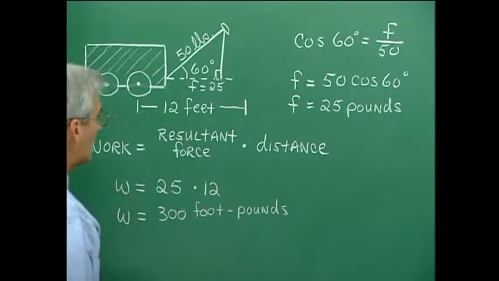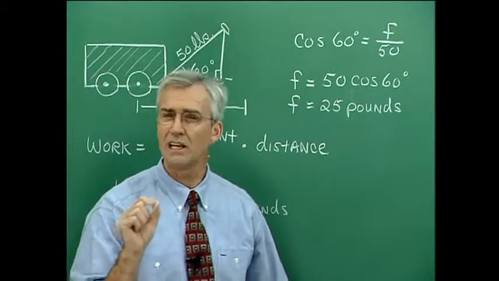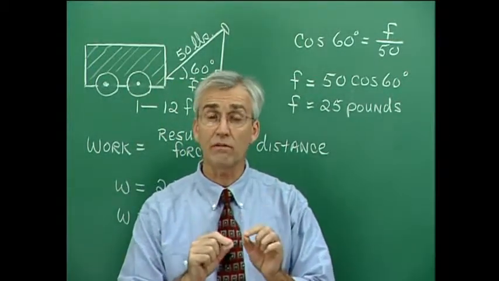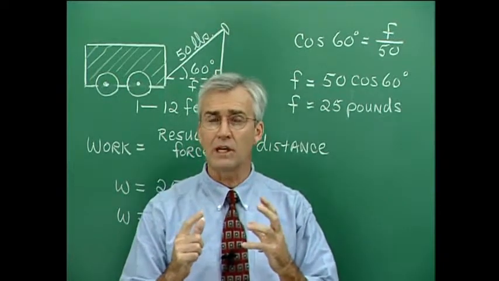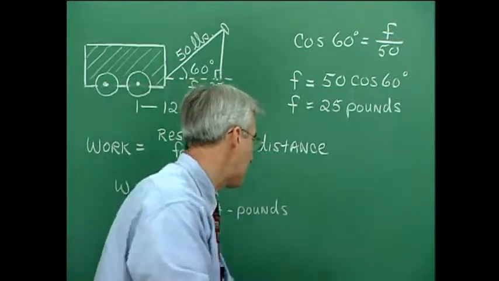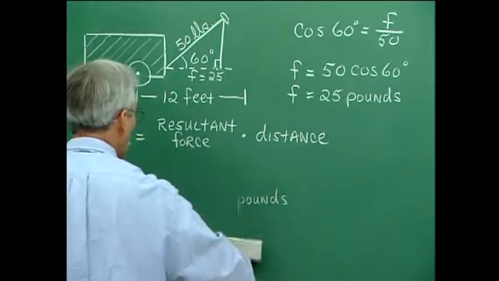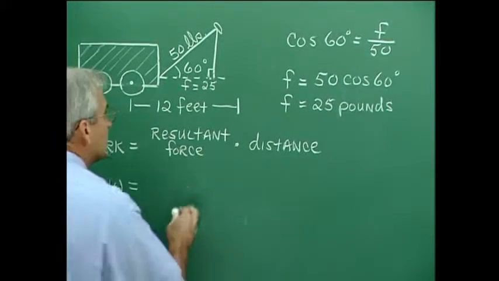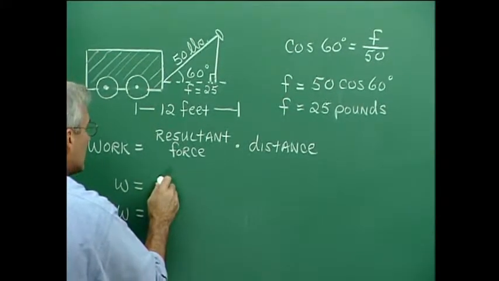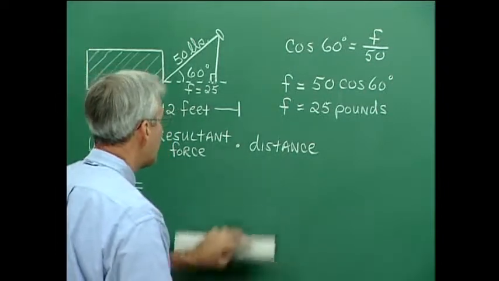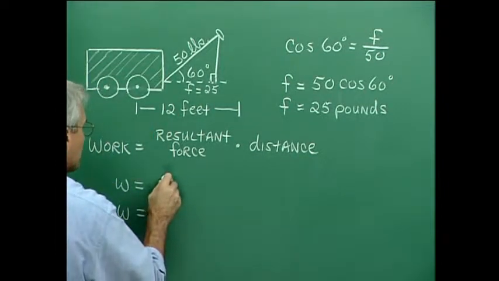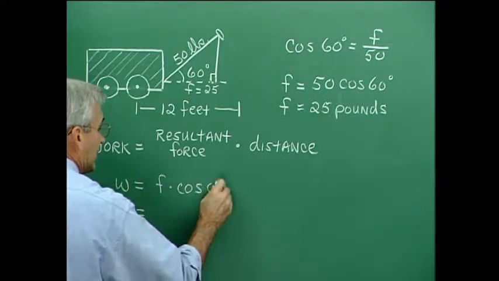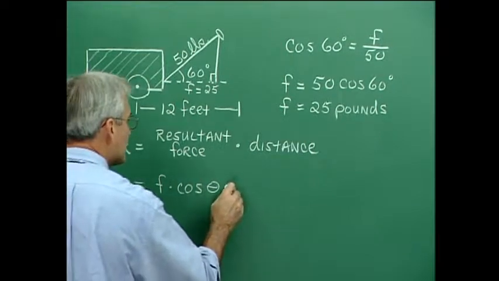Now the situation can be summarized like this. It's often the case that we have a force applied in a direction different than the movement of the object. The resultant force was calculated as 50 cosine 60, but let me generalize it: it was the force applied at the cosine of some angle, and then times distance.